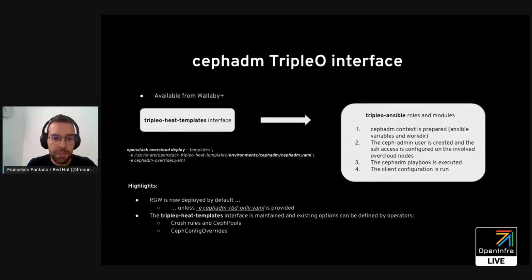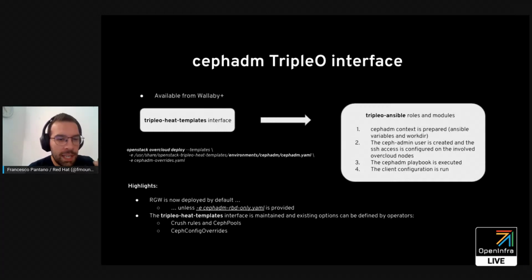And then after the interface is provided, there are some TripleO Ansible roles and modules that do basically 4 steps. They prepare the context, they create the user, SSH keys are created and distributed all over the overcloud, and then instead of triggering Ceph Ansible, which is the old tool, we trigger Ceph ADM, the new Ceph ADM playbook, and at the end of this process, there is the cloud configuration via the new client TripleO Ansible role.